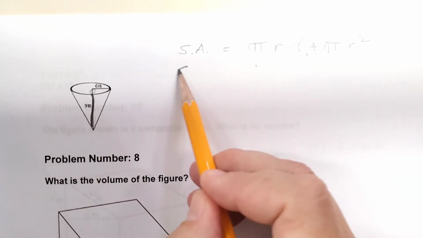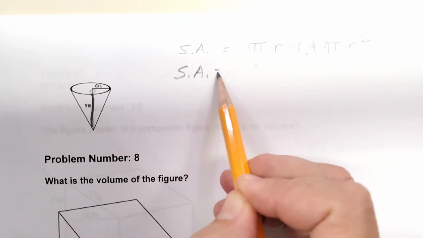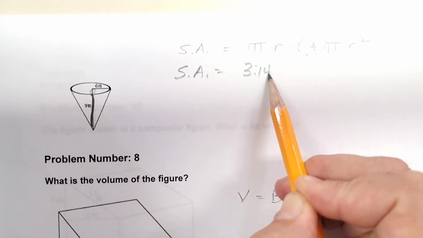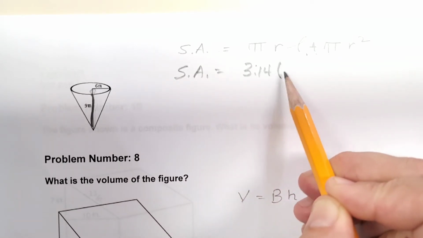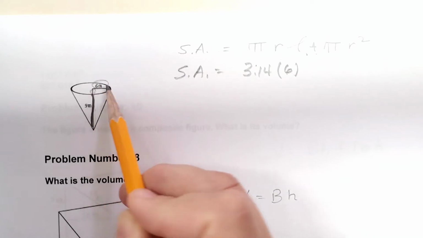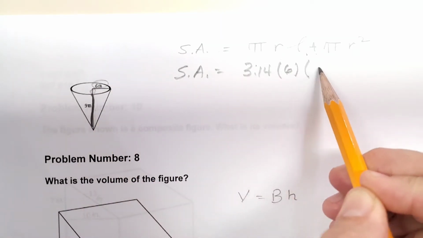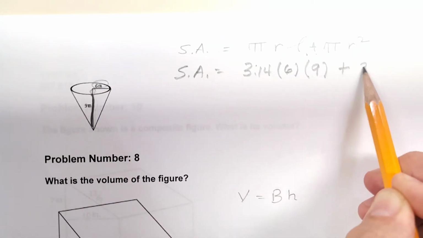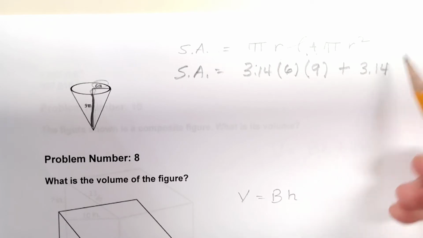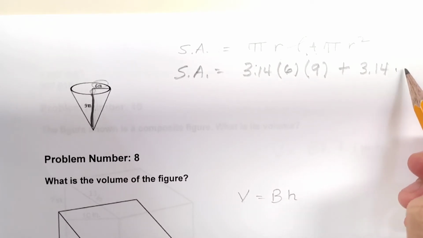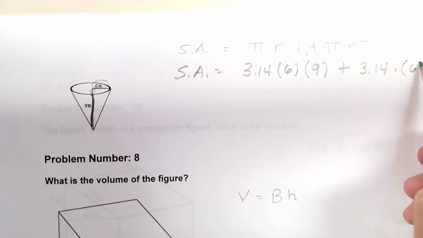Okay, so we're going to do this real quick. Pi, you know we use 3.14 times radius is 6 times slant height, which is 9, plus pi times radius squared. So we're going to go times 6 squared.